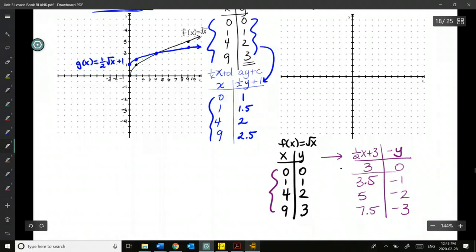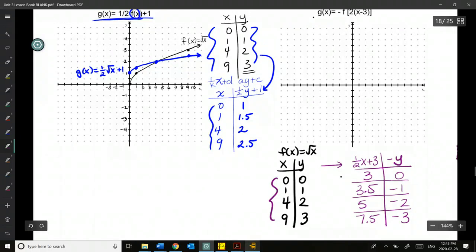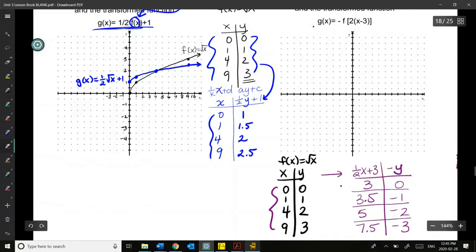Okay, notice as well that I'm just trying to keep my points together here so that I don't get confused as to what x goes with which y. So if you need to, you can draw some horizontal lines as well to keep the x's and y's together properly.